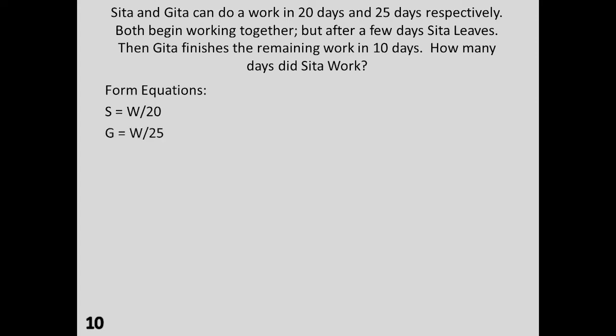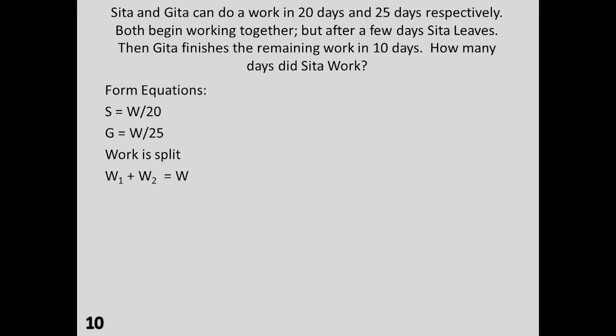Now, the second part of the question says initially Sita and Geeta work together, but later only Geeta works. So that means the work is split. W1 plus W2 is equal to the total work W. W1 is done by Sita and Geeta. W2 is done by Geeta alone.